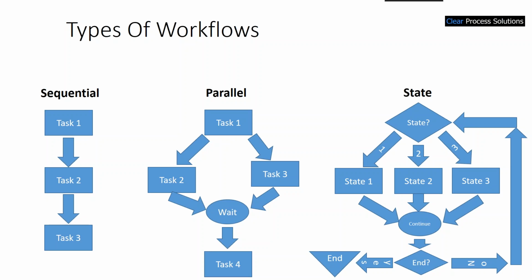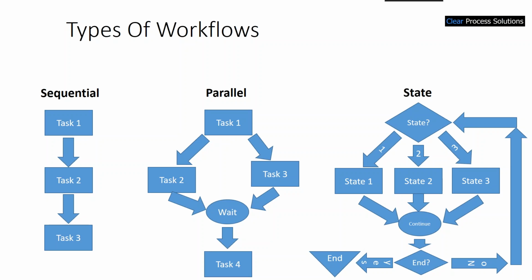So if we look at task 1 under parallel, that's our first task. Once that activity is completed, we'll say that's our MDM team creating our basic material setup. Once they are done with their task, it splits out to many more teams: the engineering team, maybe the sales team, the marketing team, to provide additional data on your material.